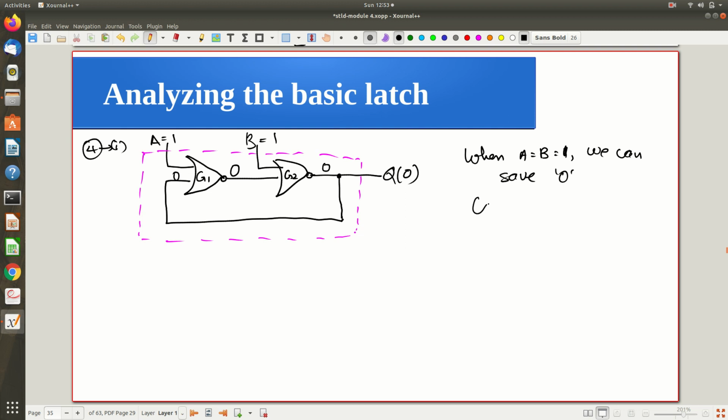Let me ask you the second question. Can I retain this 0? Saving alone is immaterial for us, because you can save anything everywhere, but are you able to retain it? Then only the full purpose of saving is met, right?